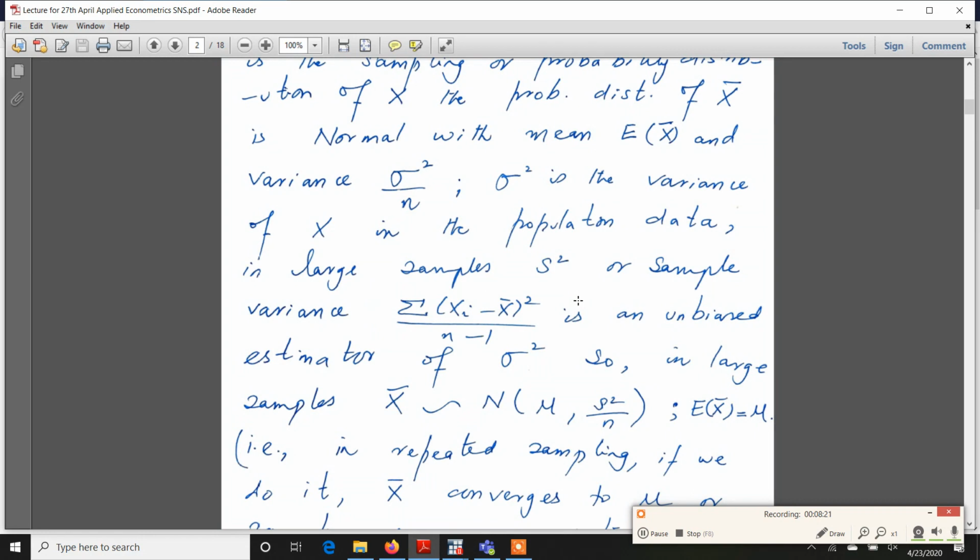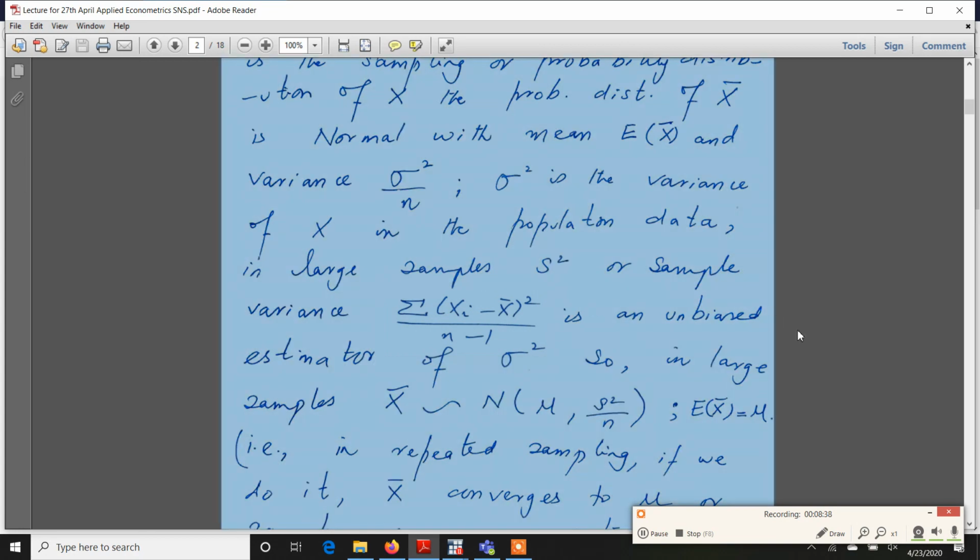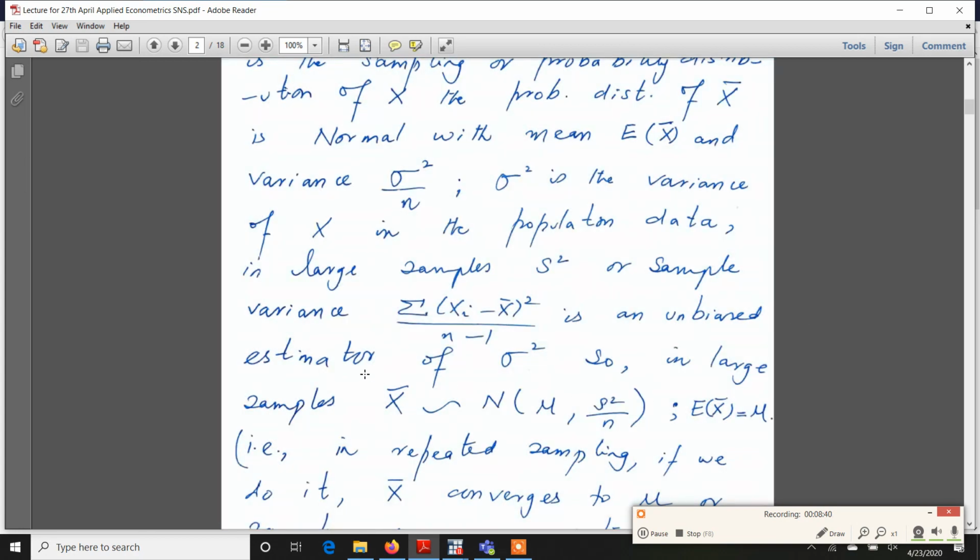Okay, so coming back to the central limit theorem, it states that whatever the distribution of x, the distribution of x bar is normal with mean the expected value of x bar and variance equal to this, where you can replace sigma square by the sample variance, right? So x bar follows a normal distribution with mean mu.